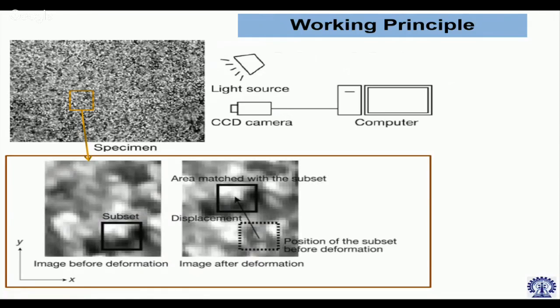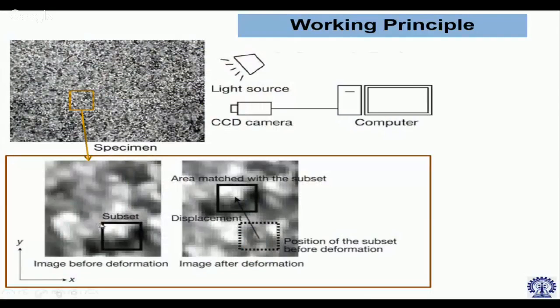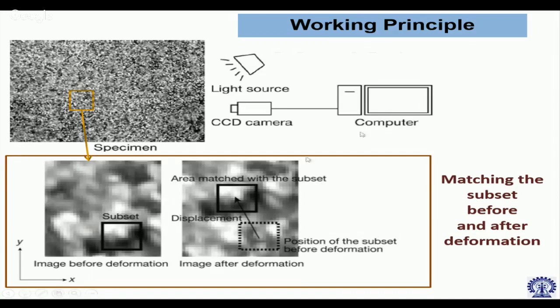And the whole method is based on how they are tracking the movement or displacement of a point before deformation and the same point, how it behaves after deformation. Okay, so you have the subset and you have the position of the subset before deformation, and it moves to the area matched with the subset after deformation. So matching the subset before and after deformation is the main principle of the DIC technique.